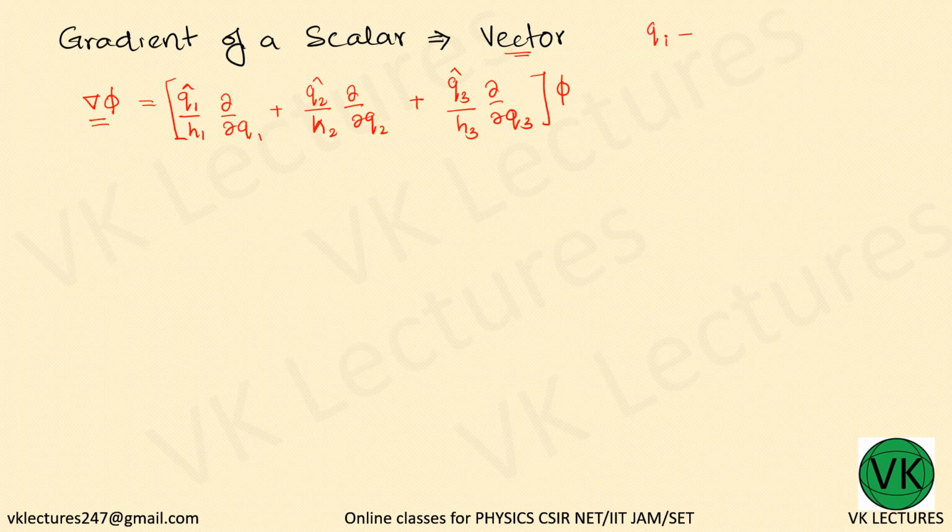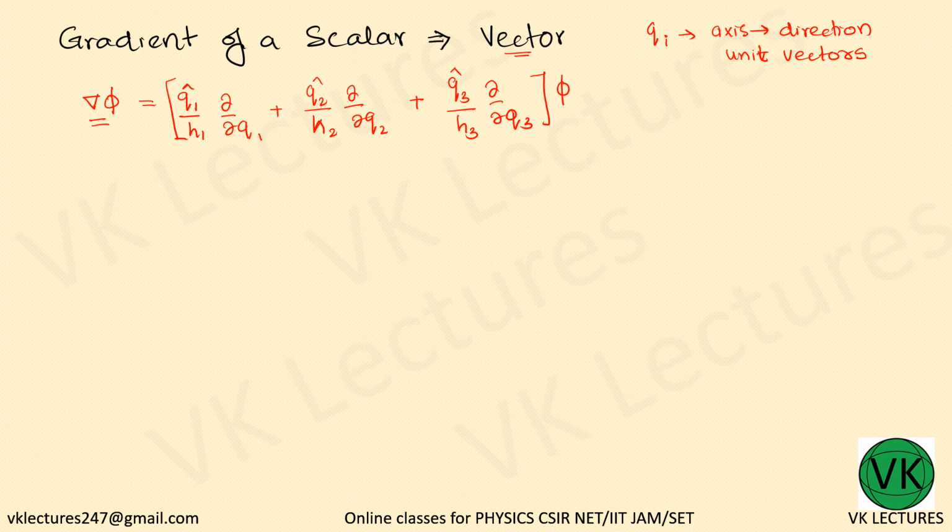And this qi, that is q1, q2, q3, are the axes or the directions or unit vectors in the corresponding coordinate system.